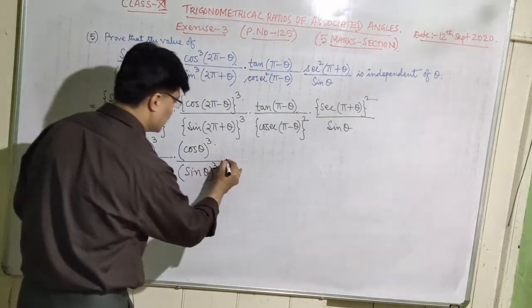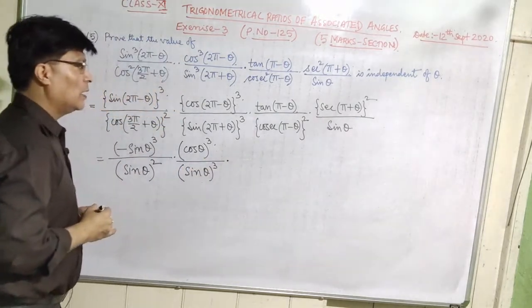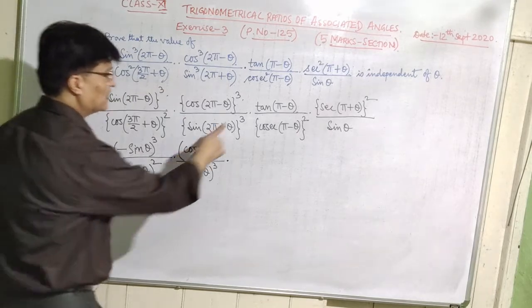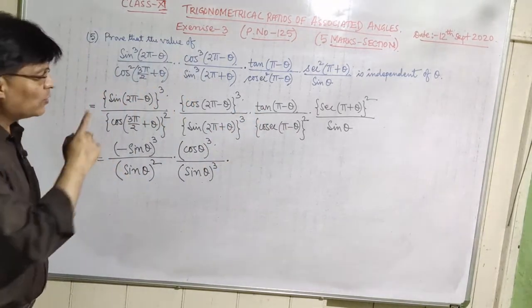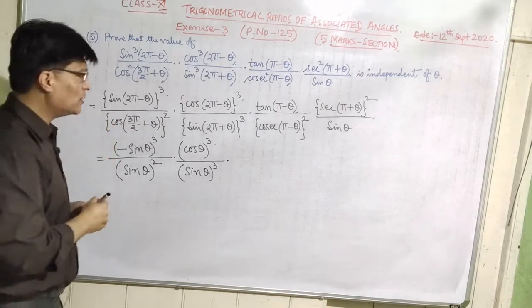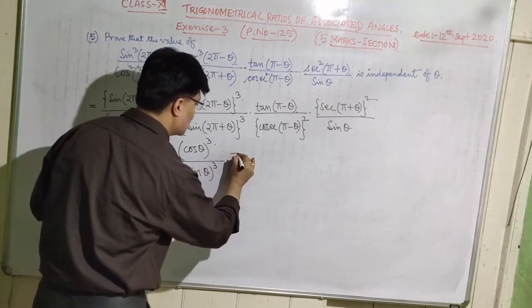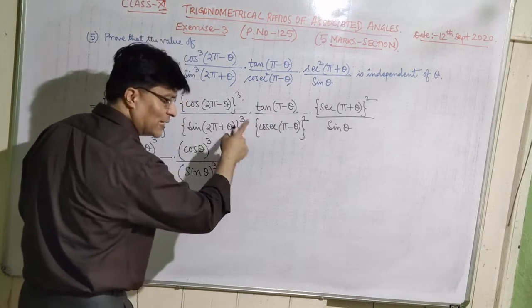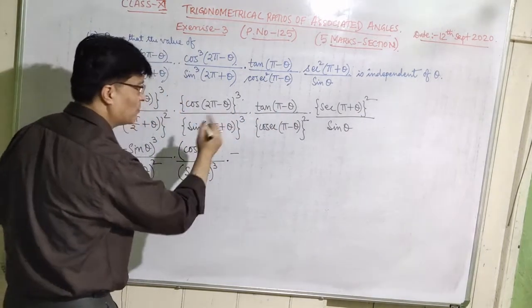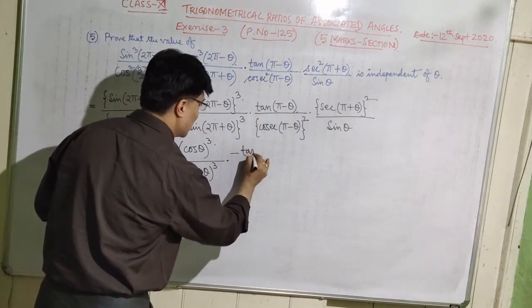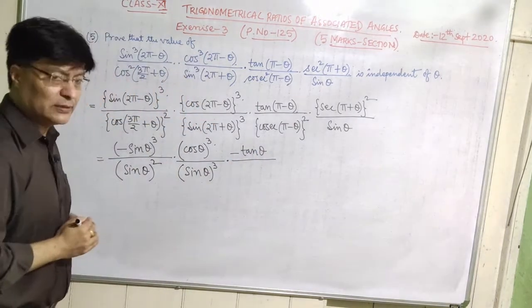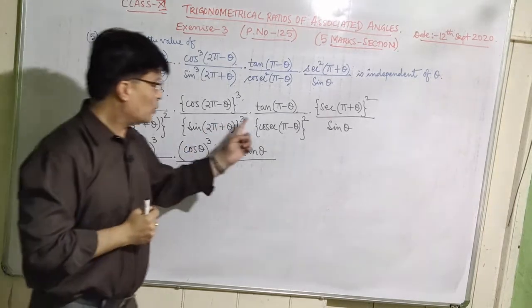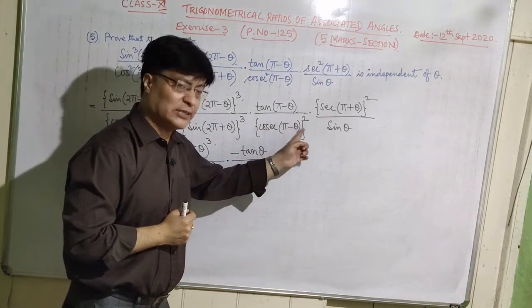Into, now what is that? Tan 180 minus theta. 180 minus theta lies in the second quadrant. In the second quadrant, tan is always negative, and 180 means 90 into 2, which is an even multiple of 90. So it is minus tan theta, divided by, in the denominator, cosec pi minus theta.